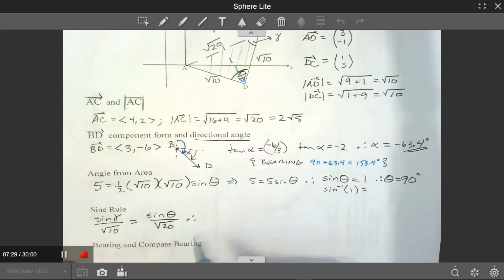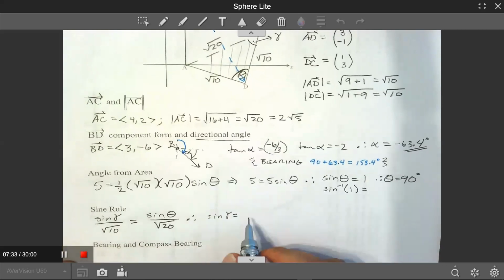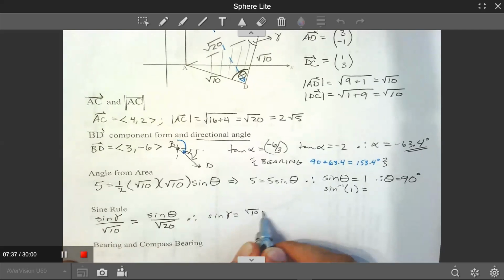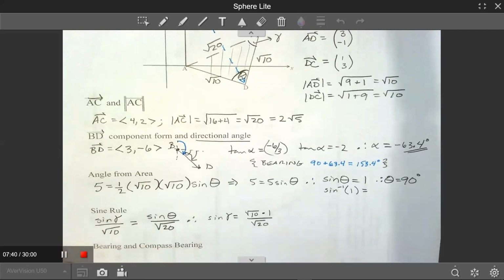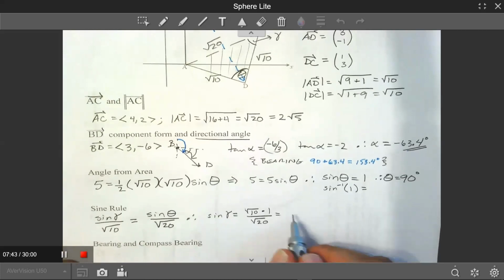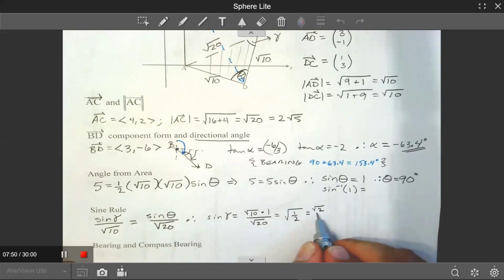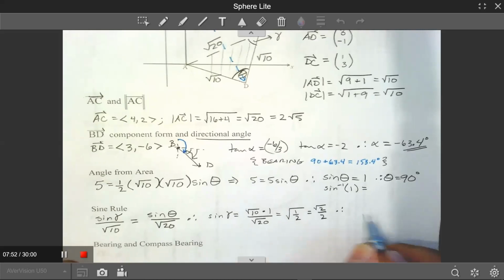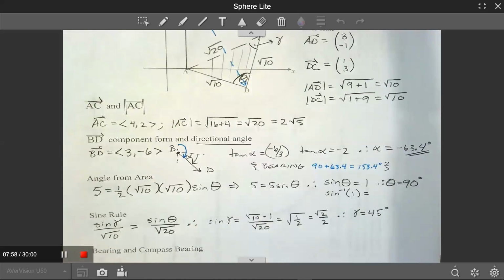So therefore, the sine of gamma is going to be equal to square root of 10 times 1 all over the square root of 20, which is the same thing as the square root of 1/2, which is the same thing as the square root of 2 over 2. So therefore, gamma has to be 45 degrees because we know that that's the sine ratio for an angle of 45 degrees.